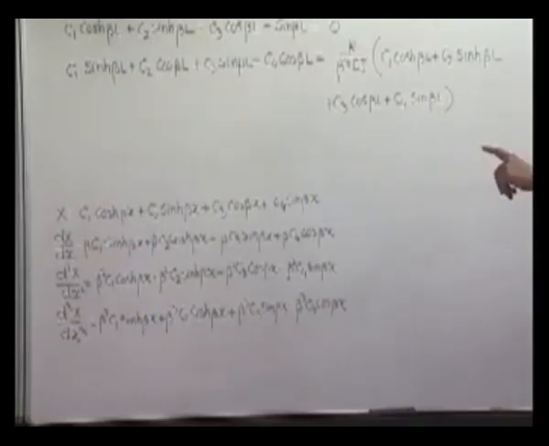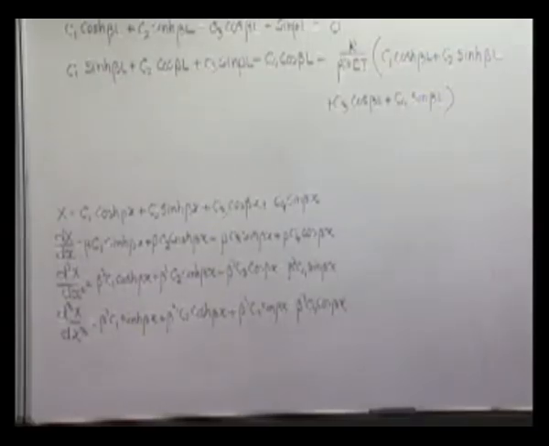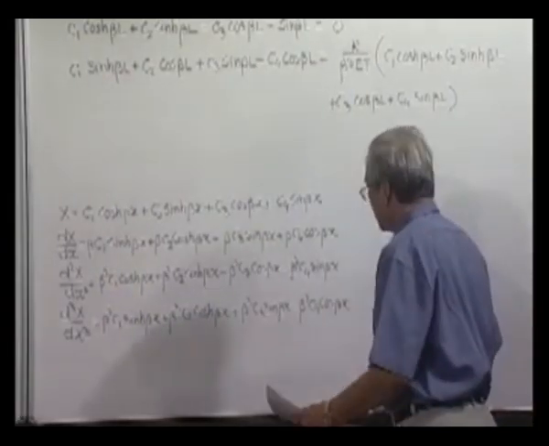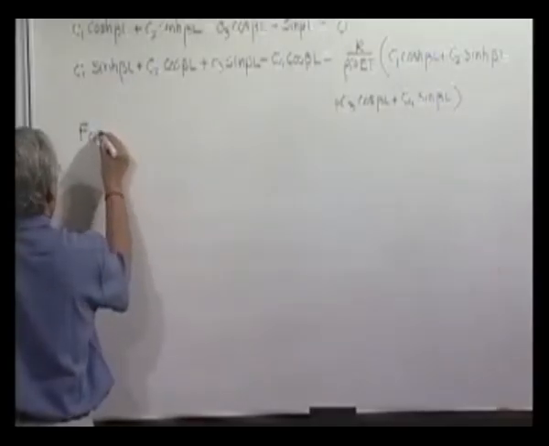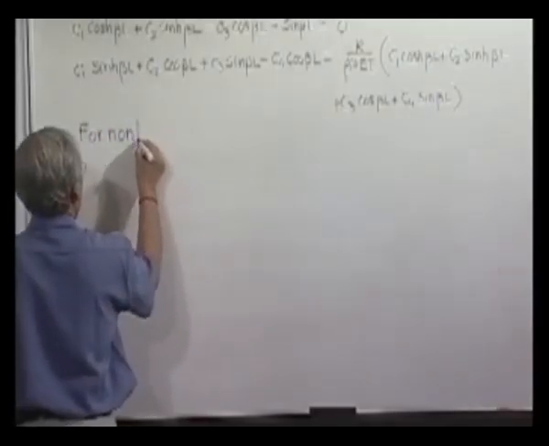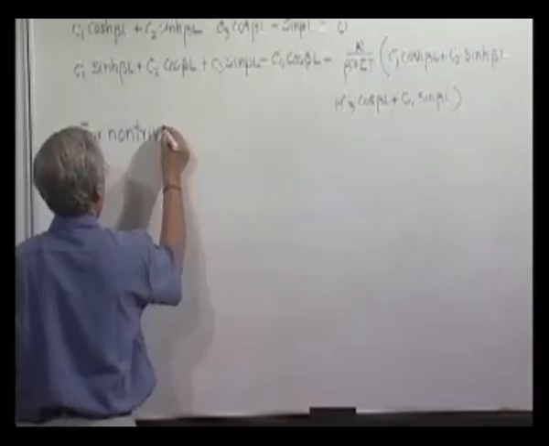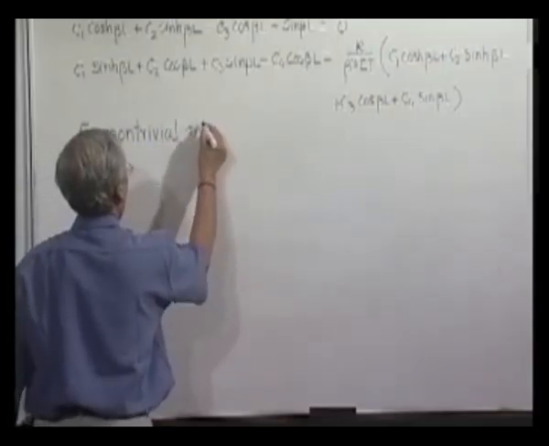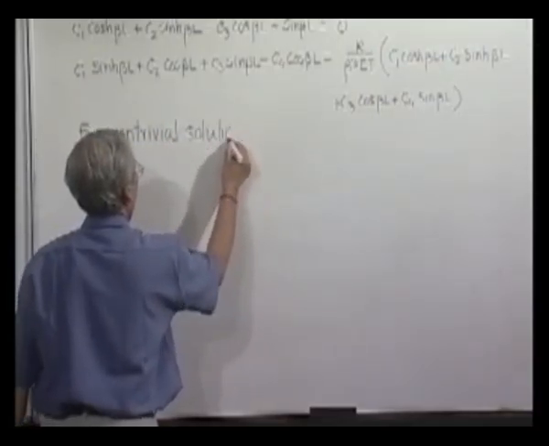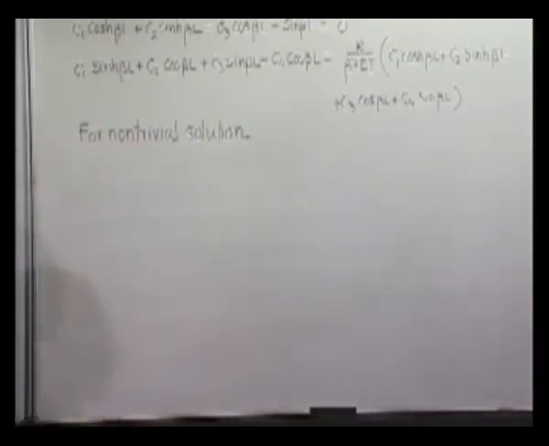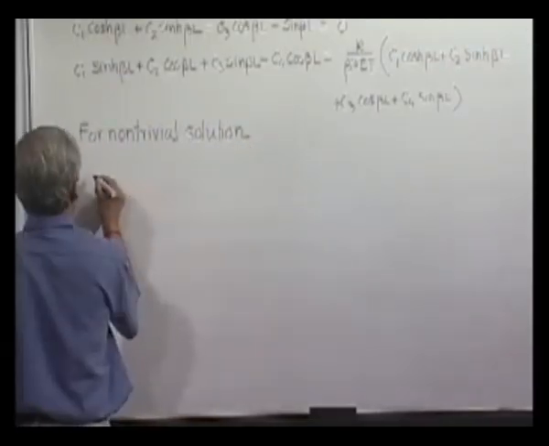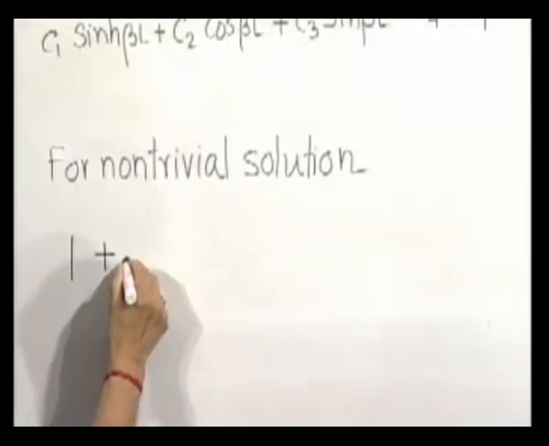So we can replace C2 by minus C1, C3 by minus C1 and C4 by minus C2. So we will get two equations with two unknowns, C1 and C2, and obviously we will finally get, for a non-trivial solution to exist, this condition has to be satisfied.